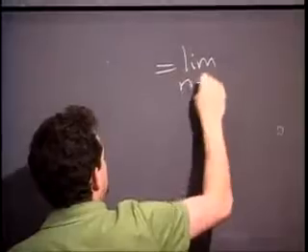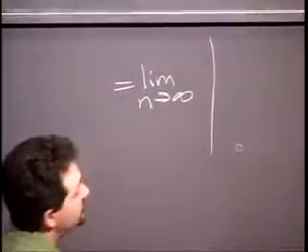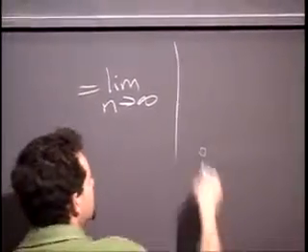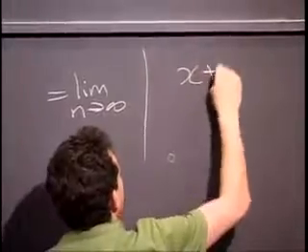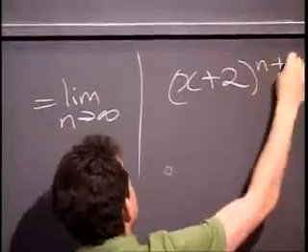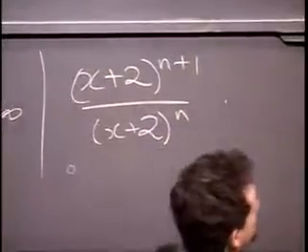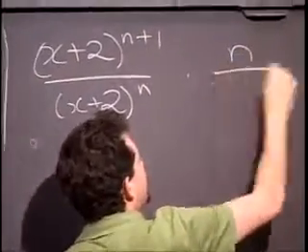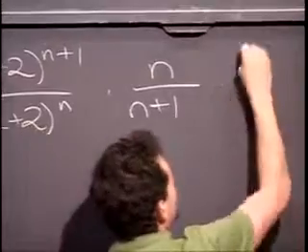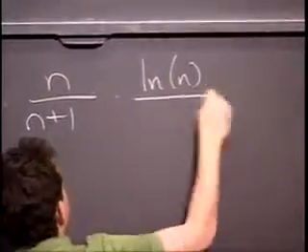All right. We just do a bit of grouping. We're going to get an x plus 2 to the n plus 1 over x plus 2 to the n. But the rest of it's going to flip around, so we'll have an n over n plus 1, and we'll have a log n over log n plus 1.